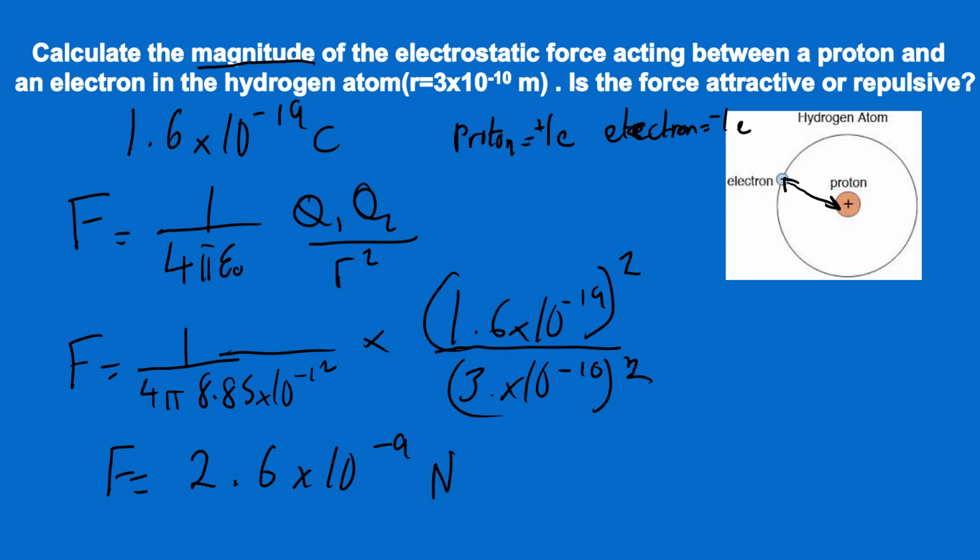So where you looked at the gravitational force, this is much greater. So 2.6 times 10 to the minus 9 newtons, that's the two significant figures. They're oppositely charged, so it's an attractive force.